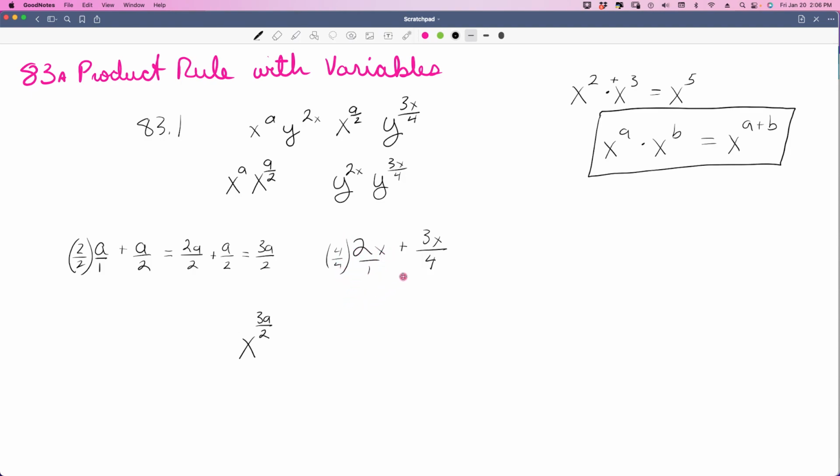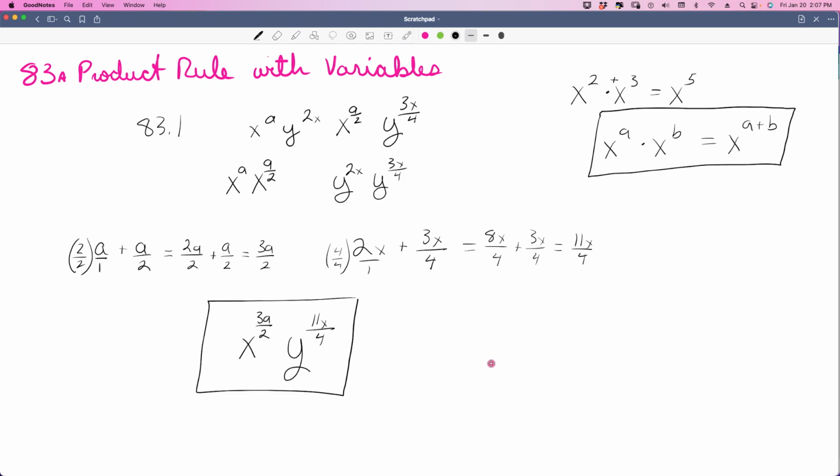That's going to become 8x over 4 plus 3x over 4, which equals 11x over 4. This is my new exponent for y. So I would write y to the 11x over 4. That is your answer.